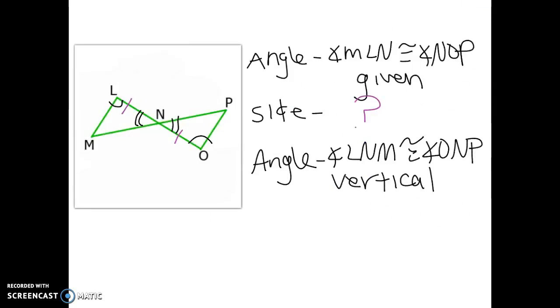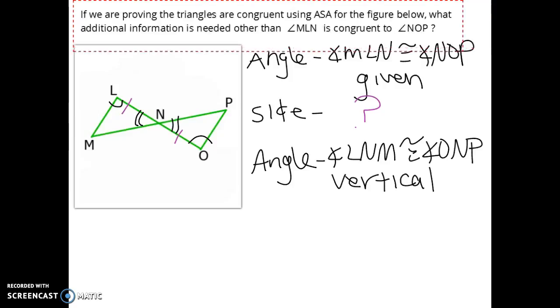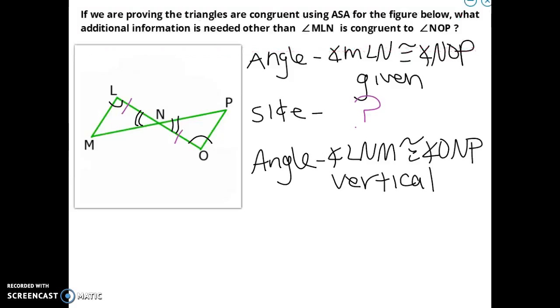One of my favorite shapes. If we're trying to prove that the triangles are congruent using the angle-side-angle theorem, what information are we needing? We know that angle MLN is congruent to angle NOP.